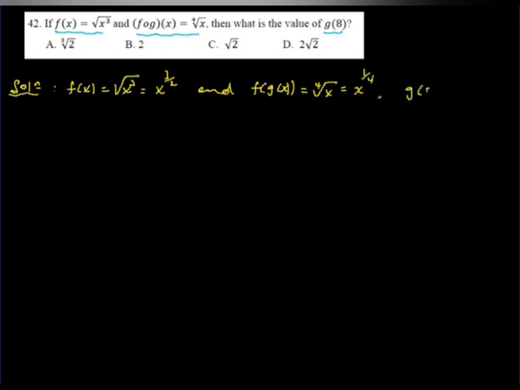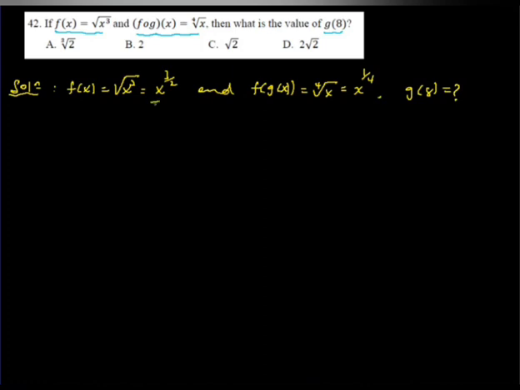What is given here is f of x, which is the square root of x cubed, or we can write this as x to the power of 3 over 2, and f of g of x is given by the 4th root of x, or you can rewrite this as x to the power of 1 over 4. Now the question is g of 8. So calculating g of 8 requires knowing g of x.